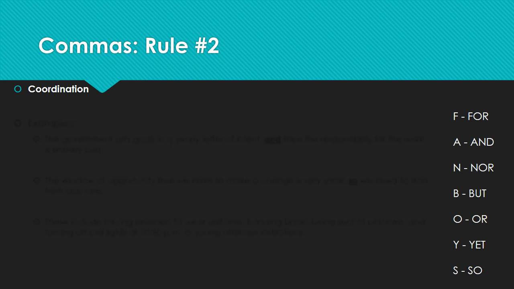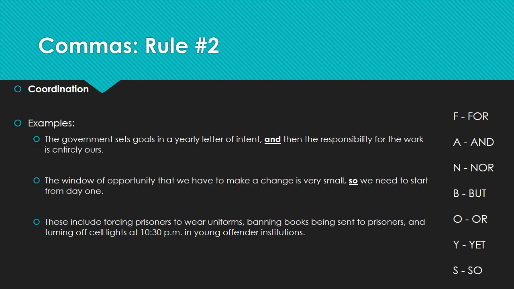They stand for for, and, nor, but, or, yet, and so. When we connect two or more independent clauses, we do so with a coordinating conjunction and a comma, as in example sentences 1 and 2. We also use coordinating conjunctions between listed items, as in example 3.